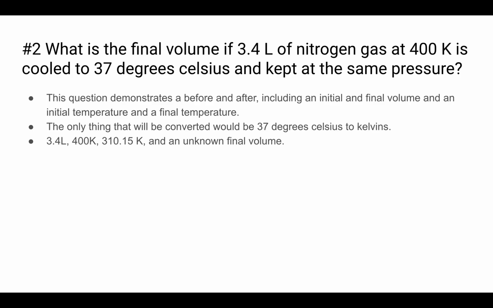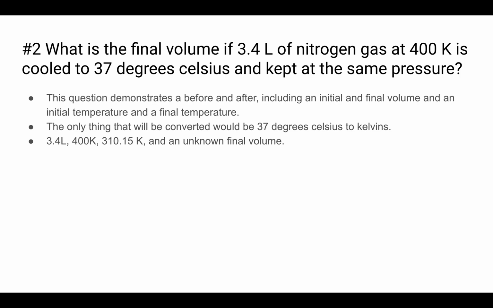And the question here that correlates with Charles' law is question number 2, which states: what is the final volume if 3.4 liters of nitrogen gas at 400 kelvins is cooled to 37 degrees Celsius and kept at the same pressure? So this question demonstrates the before and after, and also includes an initial and final volume and an initial and final temperature.